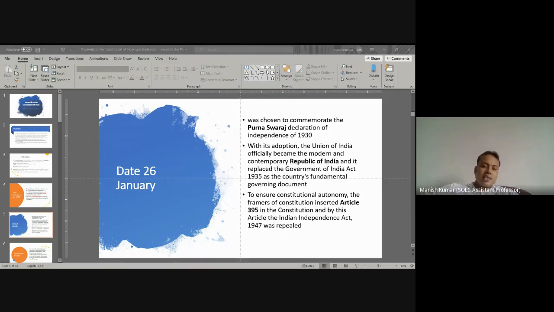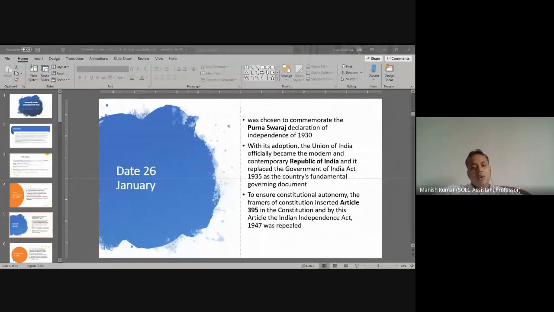The date 26th January was chosen to commemorate the Purna Swaraj Declaration of Independence of 1930. With its adoption, the Union of India officially became the modern Republic of India, and it replaced the Government of India Act 1935 as the country's fundamental governing document.